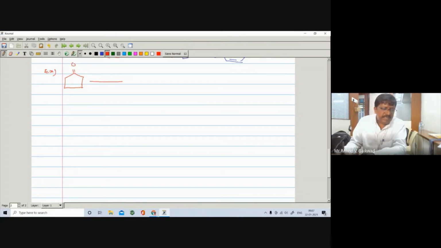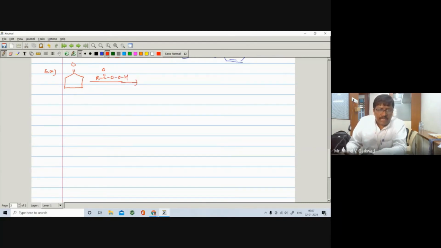The reaction takes place in the presence of a peracid. You can take any peracid, for example metachloroperbenzoic acid, or simply acetic acid, or in general RC double bond O and H. It is your peracid in general.